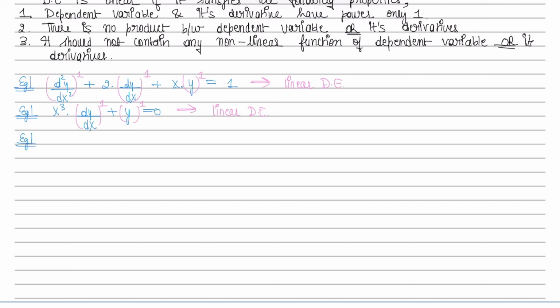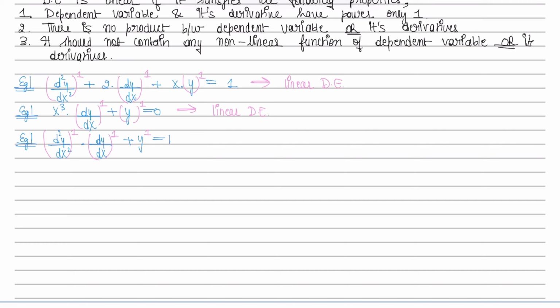Third example, d square y by dx square into dy by dx plus y is equals to 1. Here note that I have power 1 of y and its derivative is also having power 1, its double derivative is also having power 1.